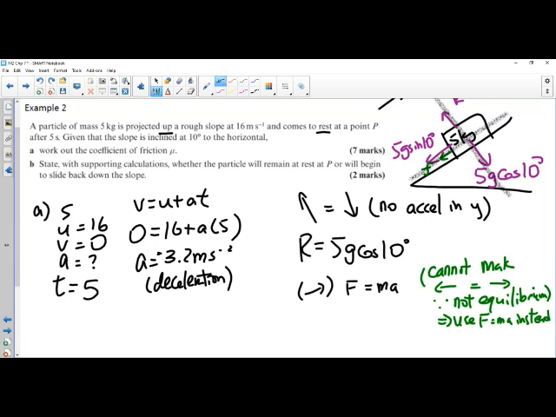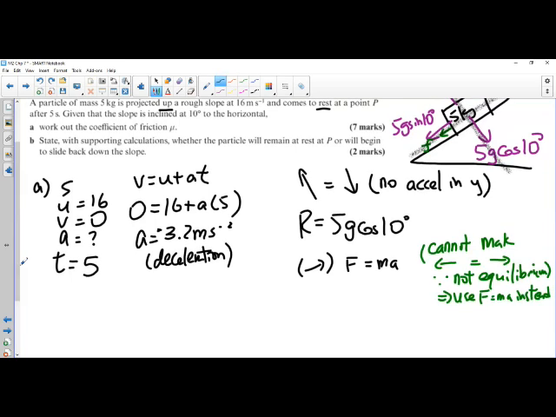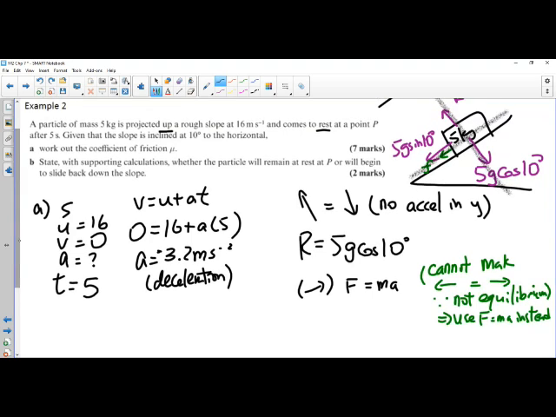So what's the F then? Because it's moving upwards, any upward force will be positive, any downward force will be negative. So the forces will be negative 5g sine 10, subtract F.